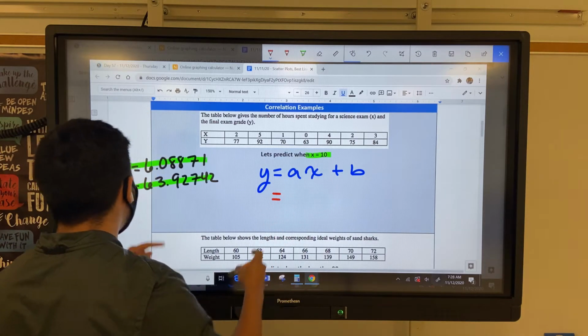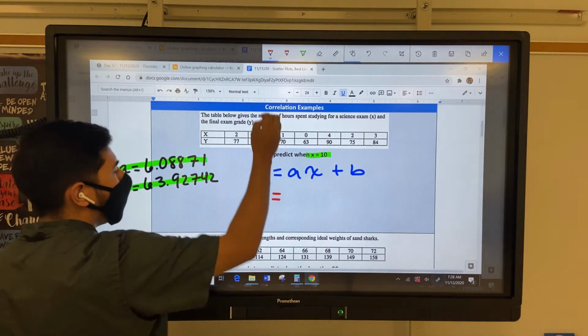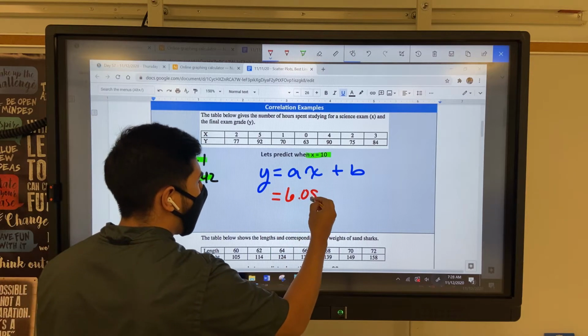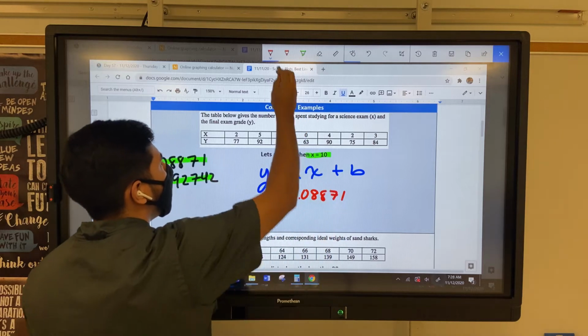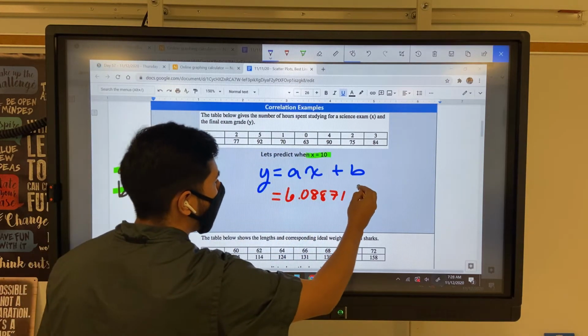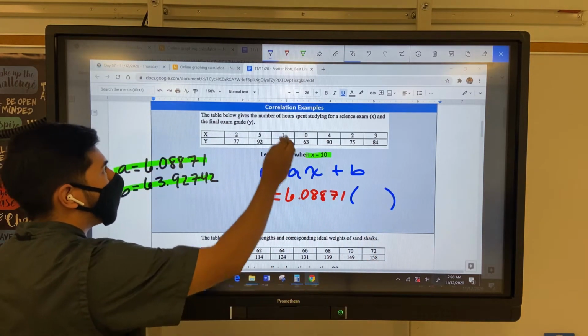Let's put A, 6.08871, in parentheses is my X, which is 10.